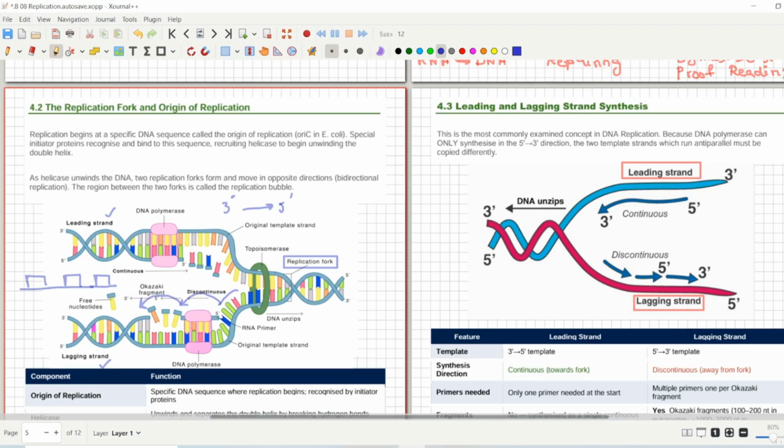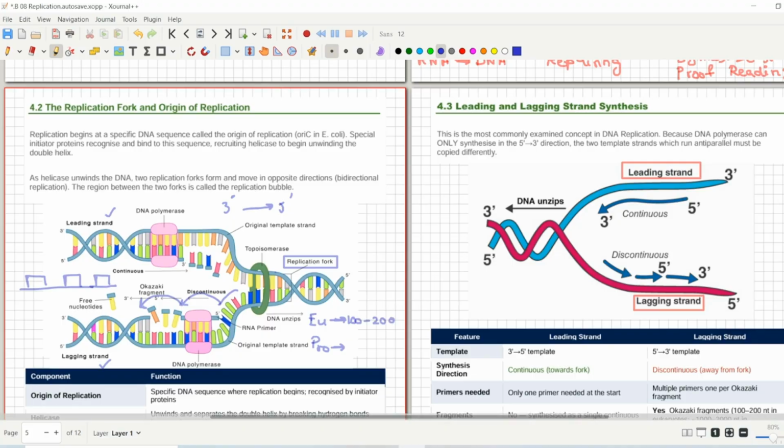And how many nucleotides are left? Well, the numbers are different for eukaryotes and prokaryotes. For eukaryotes, the gap between Okazaki fragments is from 100 to 200 nucleotides.